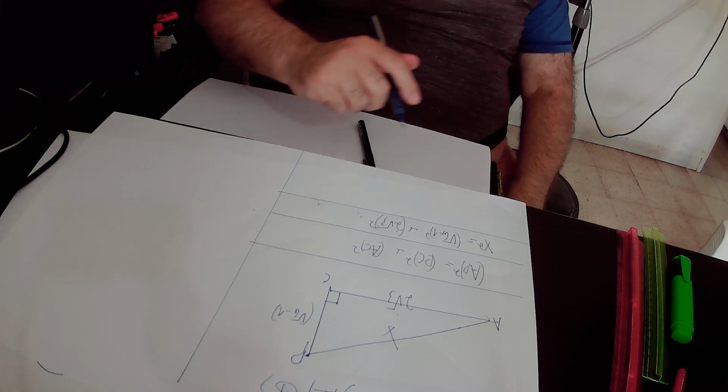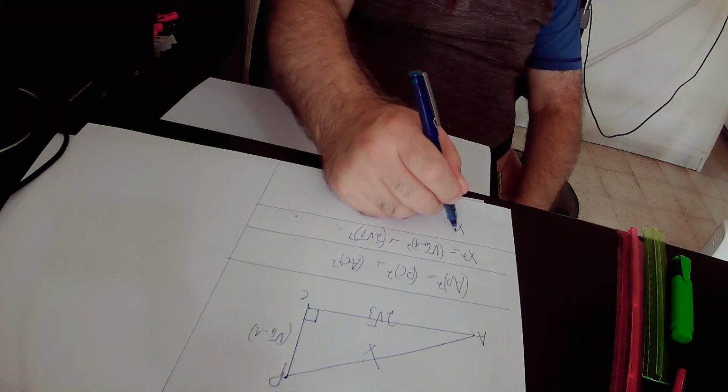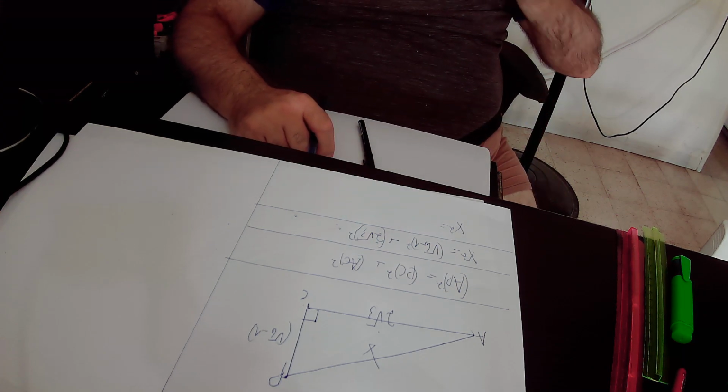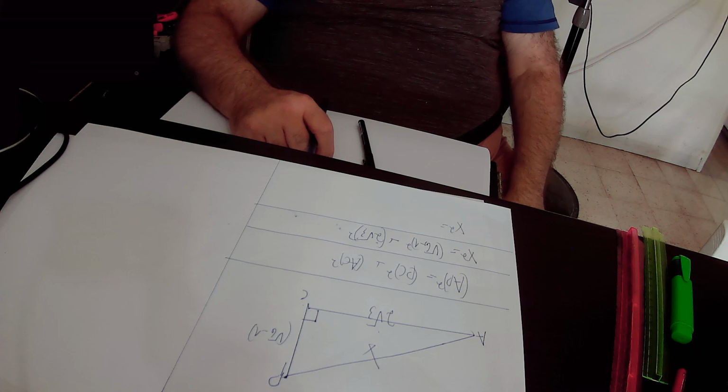So x squared equals the value of this expression, square root of 6 minus 1, squared.